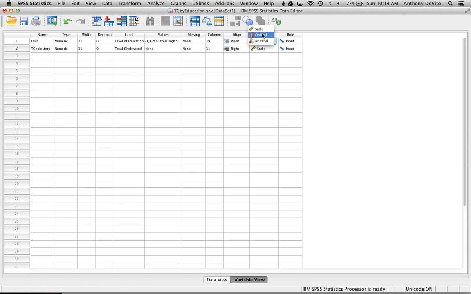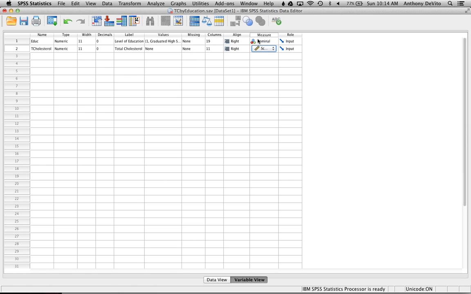We can have an ordinal value like good, better, best, or 1, 2, 3 for levels. And we can have a nominal variable for just a name. This is just a name, the group that we're describing, level of education. Scalar is going to represent our total cholesterol because it's a number, so we know that that's properly identified.